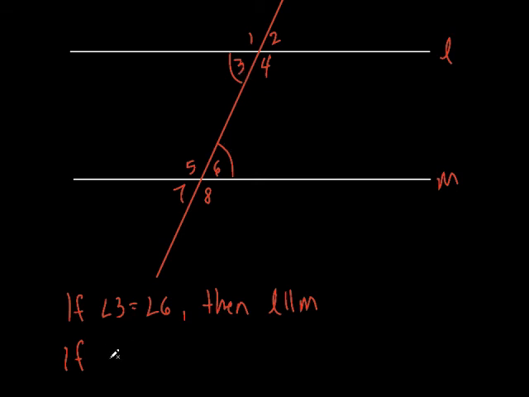Okay, so if the alternate interior angles are equal, do you see the difference? The other one said, if the lines are parallel, then the alternate interior angles are equal. What's the difference here? It says, if I have two lines, not parallel, but cut by a transversal, and if the alternate interior angles are equal, then what can you say about the two lines?